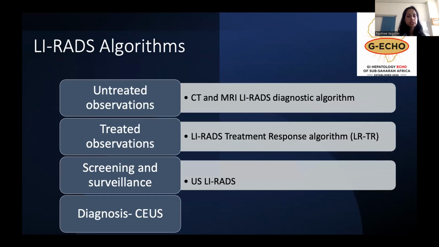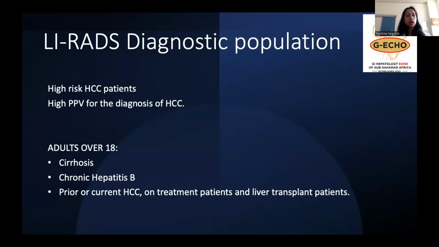In terms of different algorithms, there are different pathways and different algorithms to apply, whether the observation is untreated, whether it is treated, whether we're just doing screening and surveillance, or whether we are in an institution where there is no access to CT or MR, but we have access to contrast-enhanced ultrasound, which can also be used for diagnosis.